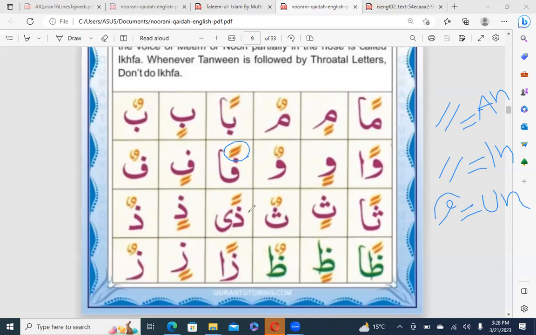Zal two fatha zan, zal two kasra zin, zal two zamma zun. Zan, zin, zun. Waw two fatha wan, waw two kasra win, waw two zamma wun. Za two fatha zan, za two kasra zin, za two zamma zun.